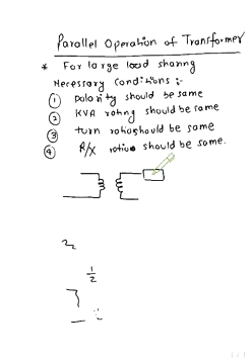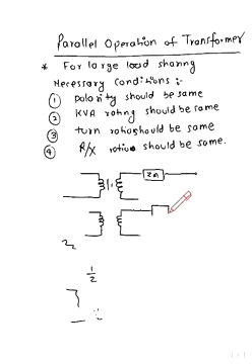The impedance of the first transformer A is ZA, and there is another transformer B. The impedance of transformer B is ZB.